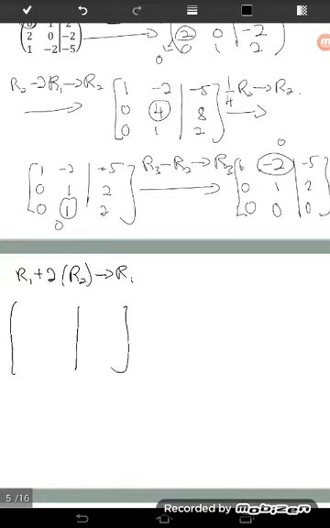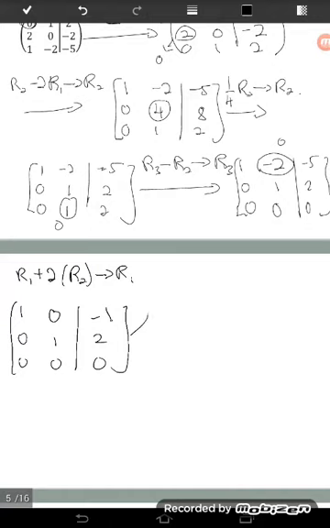Okay, so row number 1, 1 plus 2 times 0, so still 1. And then negative 2 plus 2 times 1, which is 0. And negative 5 plus 2 times 2 becomes negative 1. And here is 0, 1, 2, 0, 0, 0.